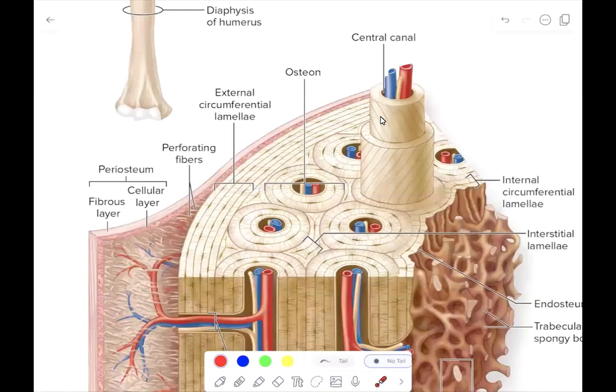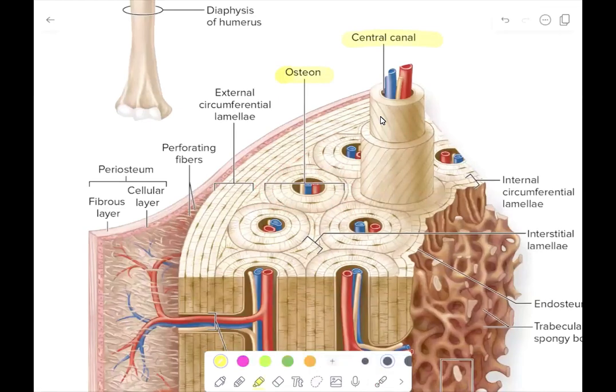So in the very center of this osteon, we have a central canal. Notice there are blood vessels as well as nerves. And that entire circular structure is, in fact, the osteon.